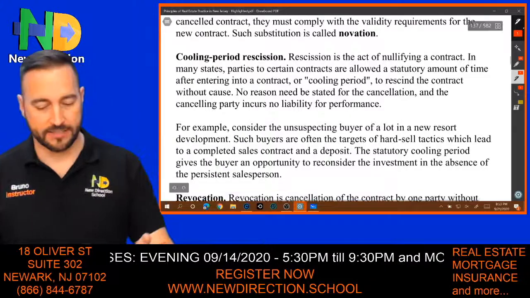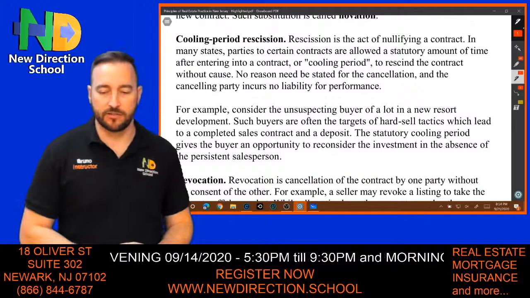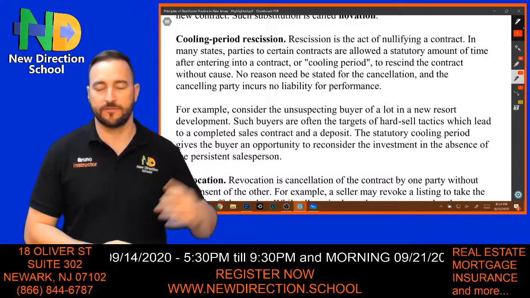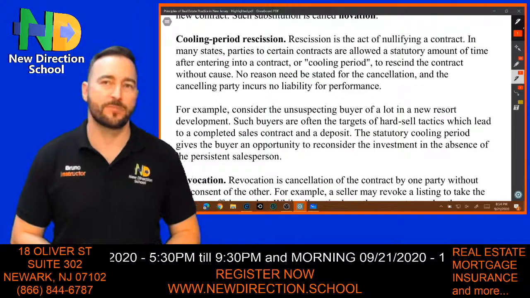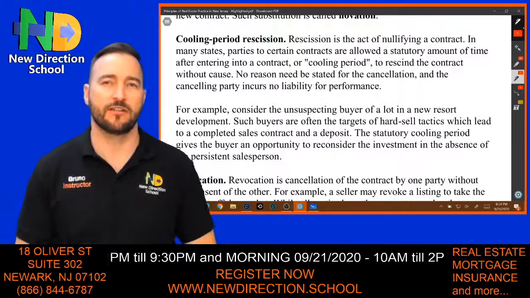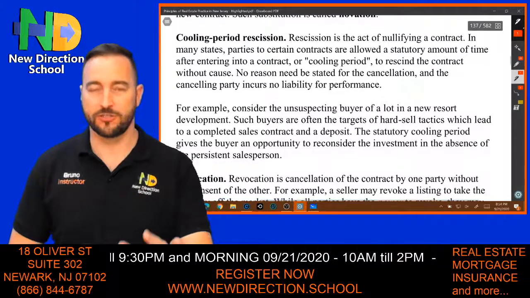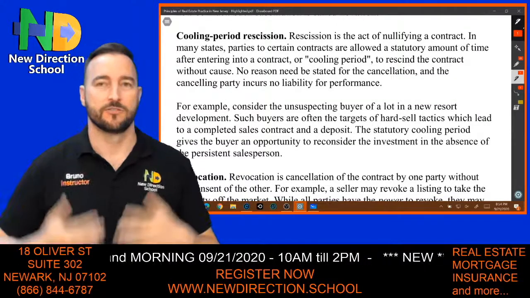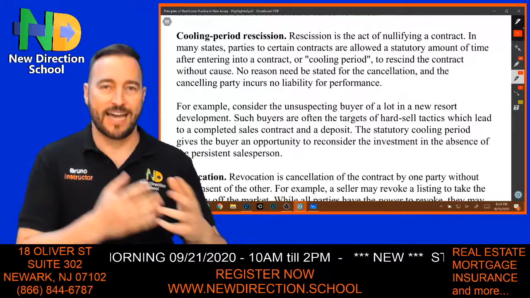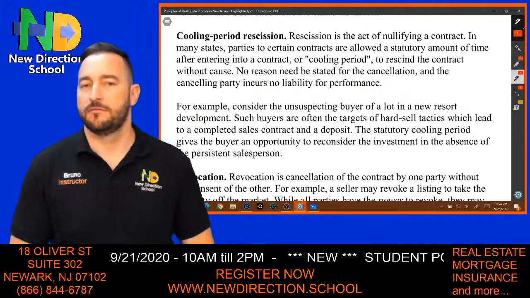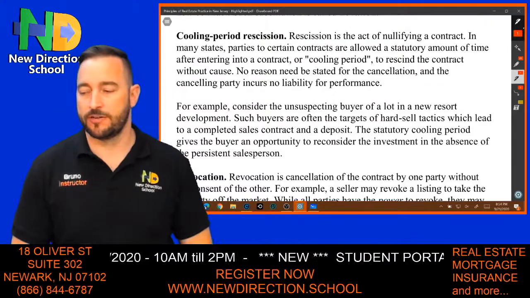Okay, the example here says, consider the unsuspecting buyer of a lot in a resort development. Such buyers are often targets of hard sell tactics, which lead to a completed sales contract and a deposit, much like timeshares. Remember we talked about timeshare scams, right? Same thing. They have tactics where they push you through the timeshare, and you're not ready for that.